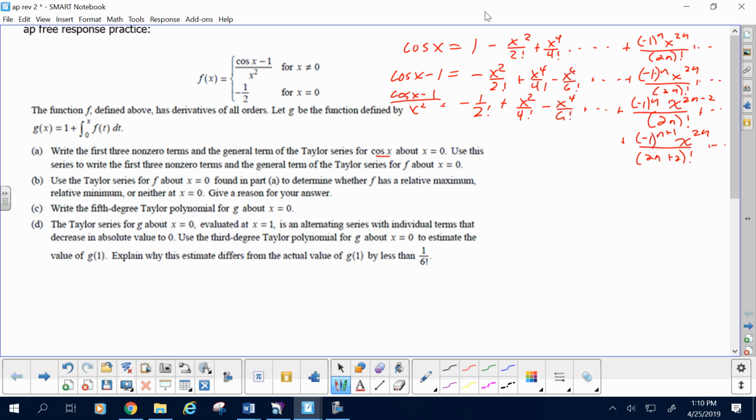Are you with me? So then the question is, what about this? Well, what about this? The limit as x goes to 0 of cosine of x minus 1 over x squared. Isn't that 0 over 0? And that's an indeterminate form. And so if I were to use L'Hopital, wouldn't the limit as x goes to 0 be negative 1/2?